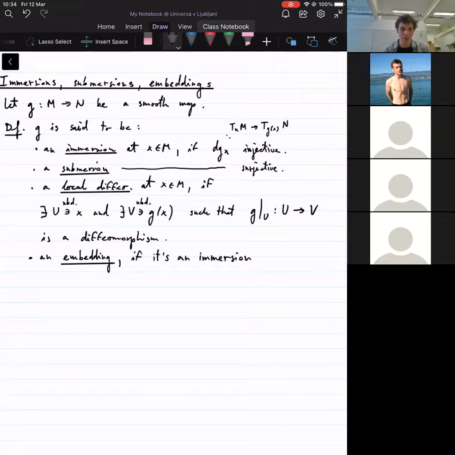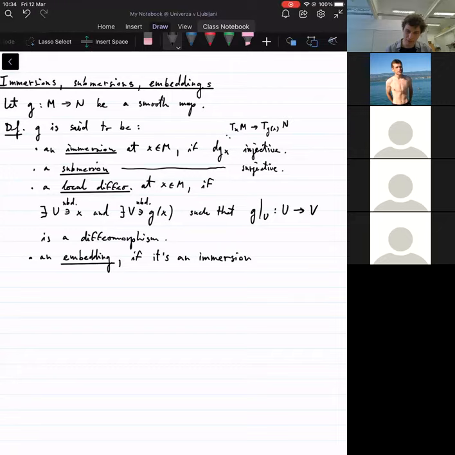So it has to somehow not squeeze any parts of the tangent space, like for it to have a lesser dimension in its image, right? That's the first condition on what it means to be an embedding. So, but immersion at all points, right? We just omit at X because we just say it's an immersion, okay? But that's not all.